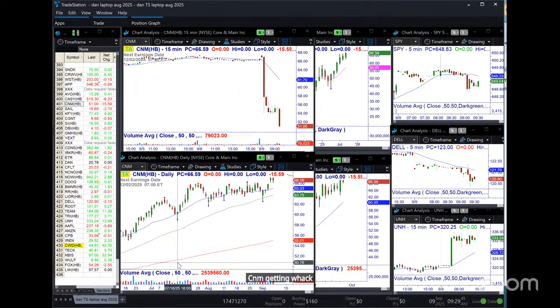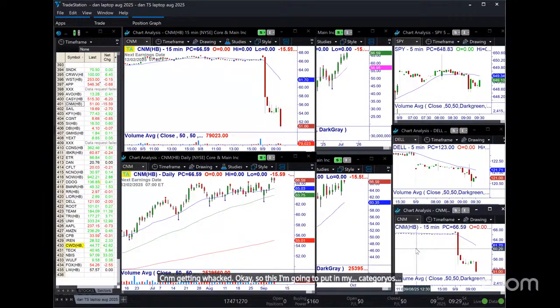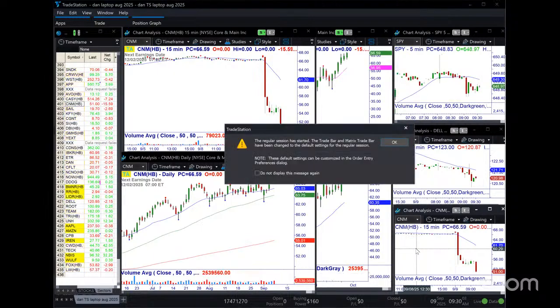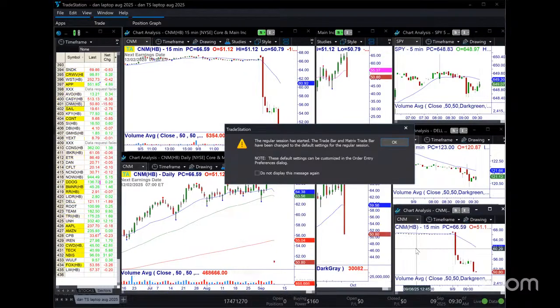Okay, so this I'm gonna put in my category of excessive gap. Bearish, excessive, but let's see what it does. CNM curve.